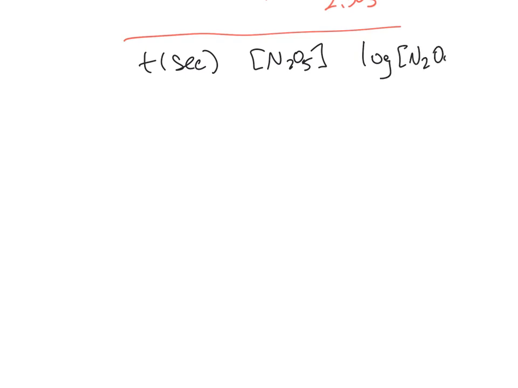So let's go ahead and look at that. If we have some data, we've got time in seconds, concentration of N2O5, and then we can take the base 10 logarithm of the value of the concentration of the N2O5.